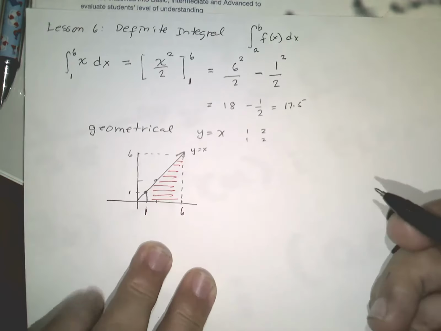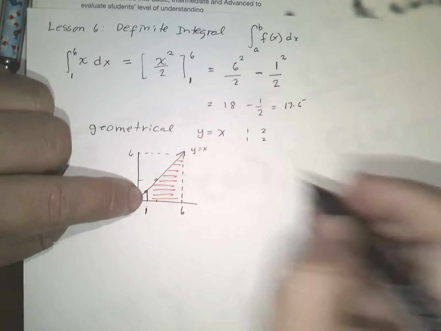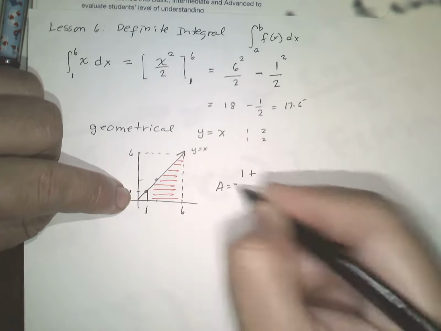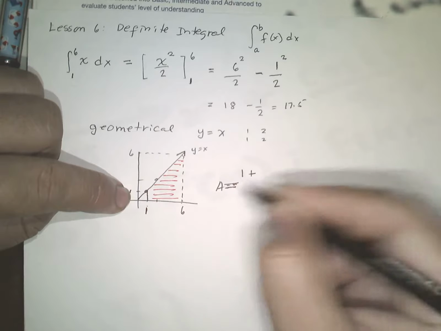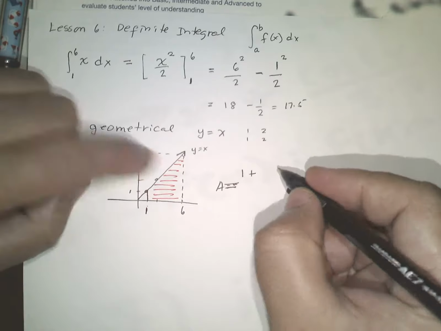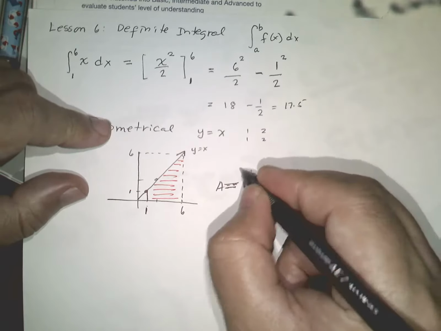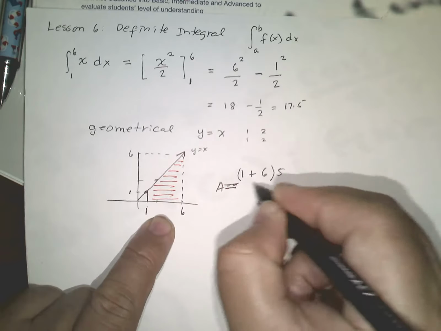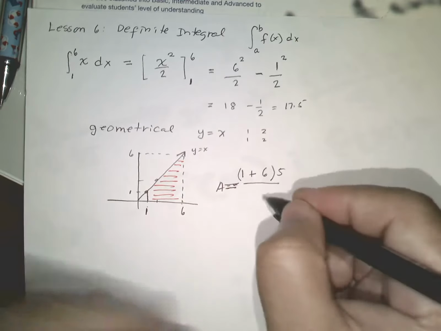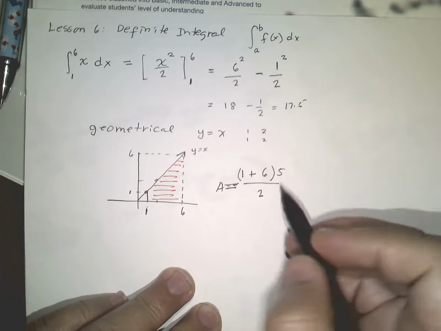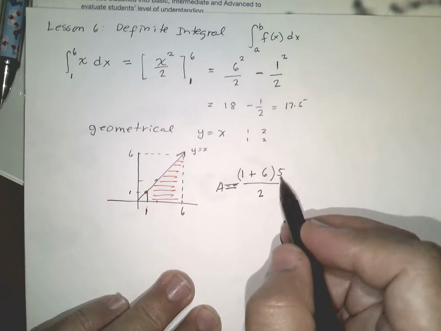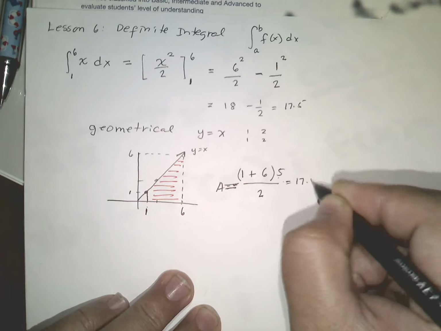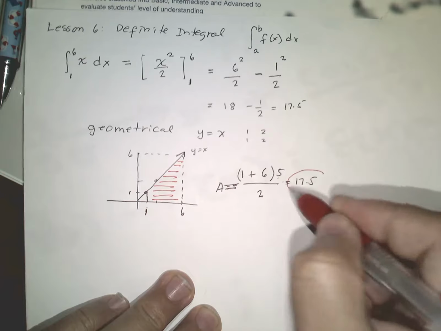So the area of the trapezium is 1 plus 6, times the height, 6 minus 1, which is 5, then you divide it by 2. So 1 plus 6 is 7 times 5 is 35 divided by 2, 17.5. Look at that, that is 17.5.